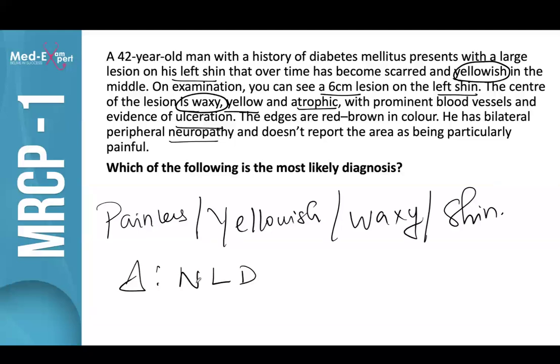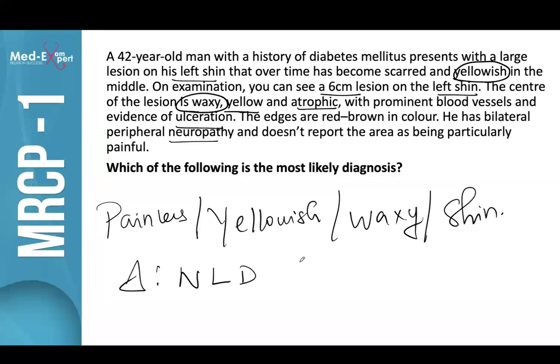Okay, this is a classical necrobiosis lipoidica diabeticorum. It's a very rare thing, and you won't find it in all diabetic people. Even my endocrine consultant used to tell me he hardly comes across something like necrobiosis lipoidica diabeticorum.